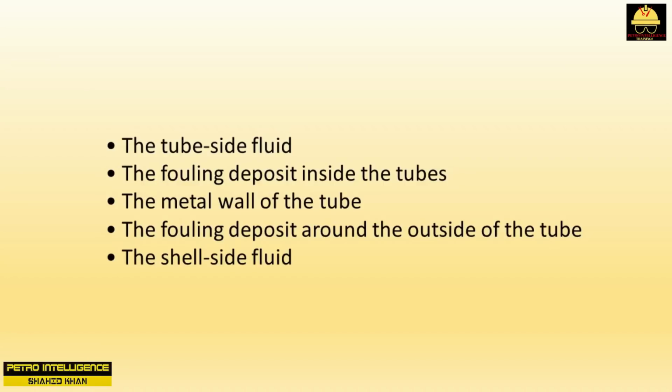The fouling deposit inside the tubes. The metal wall of the tube. The fouling deposit around the outside of the tube. The shell side fluid. The sum of these 5 factors is called the overall resistance to heat transfer. The reciprocal of the overall resistance is termed U, the overall heat transfer coefficient.